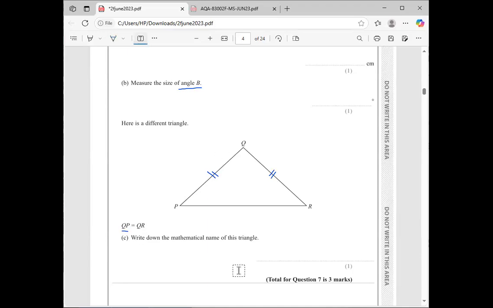Do you know the name of that triangle? A triangle that has two sides equal. Isosceles. Okay. All right. So it's an isosceles triangle.